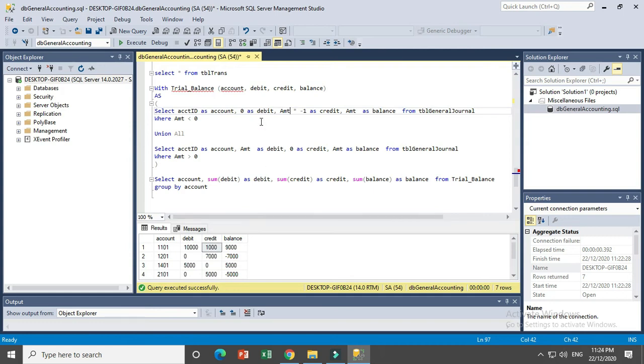So for example, I will create something here where I will add 100 to each amount.